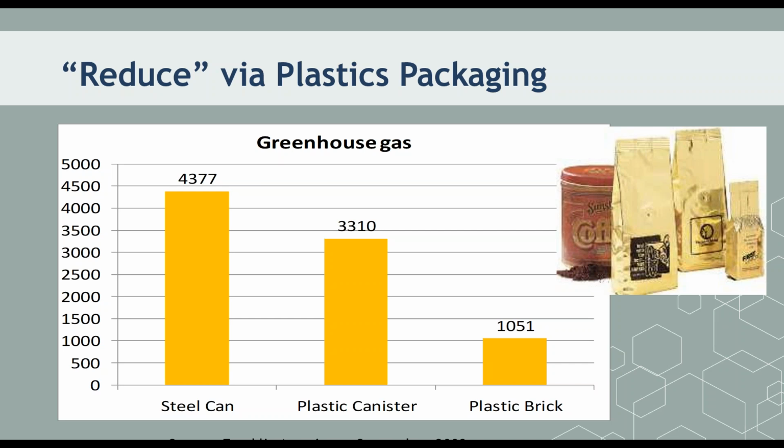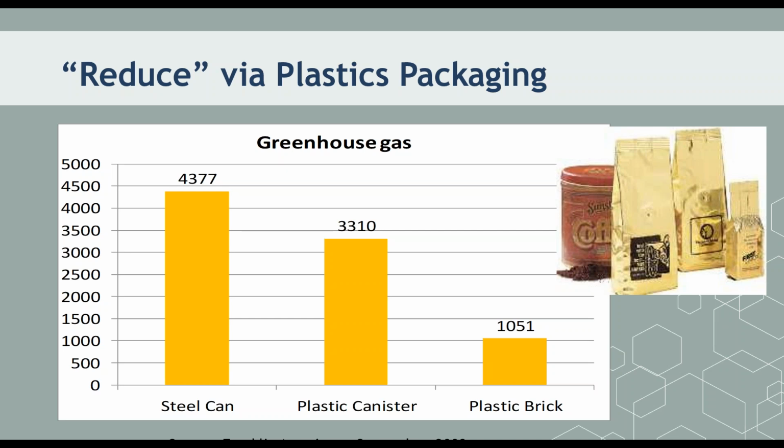But the coffee example shows a good picture about why we use plastics to start with. You take a steel can, which coffee used to be packaged in, that had about an 80% recycling rate at the time of the study. You compare that to a plastic canister, which back in 2008 we didn't have very high recycling rates for what we refer to as tubs and lids, so those plastic containers.